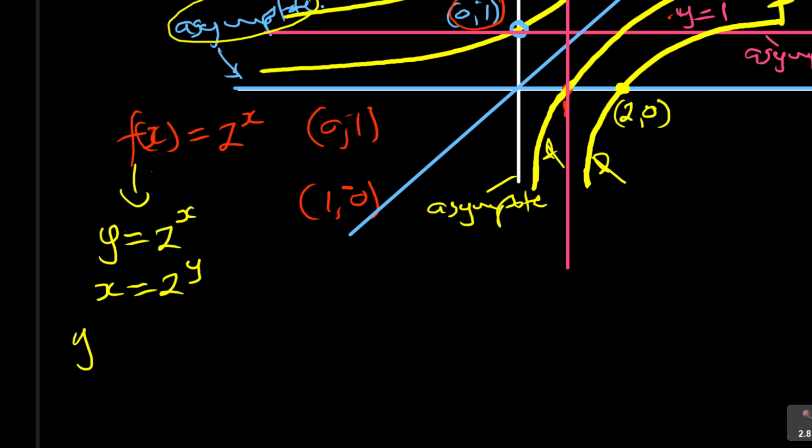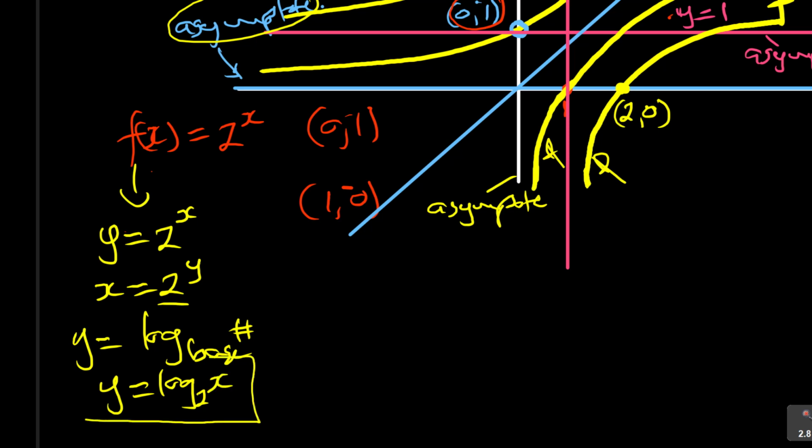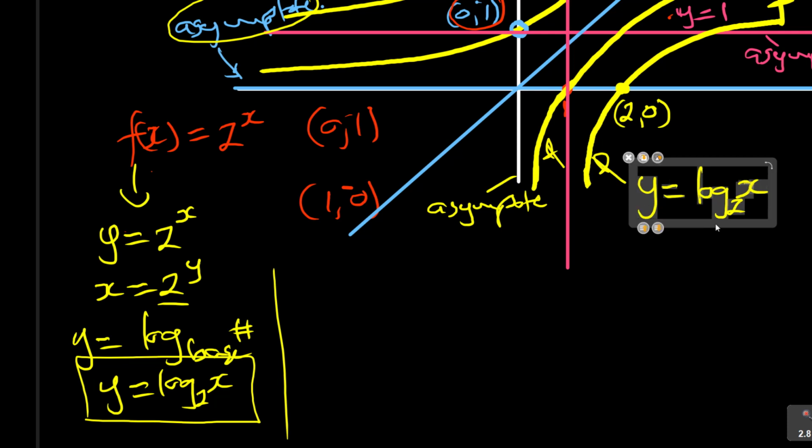That's why we said y is equal to log base number. Now 2 is the base, and the number is what? It's x. So here you are plotting the graph of y is equal to log in base 2 of x. But what about the other one? Not this one, actually. It's not this one, it's the other one. This one.